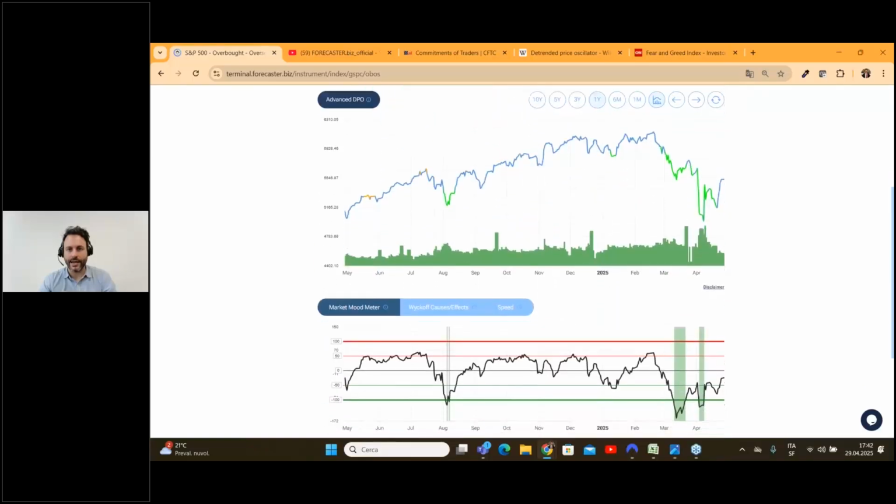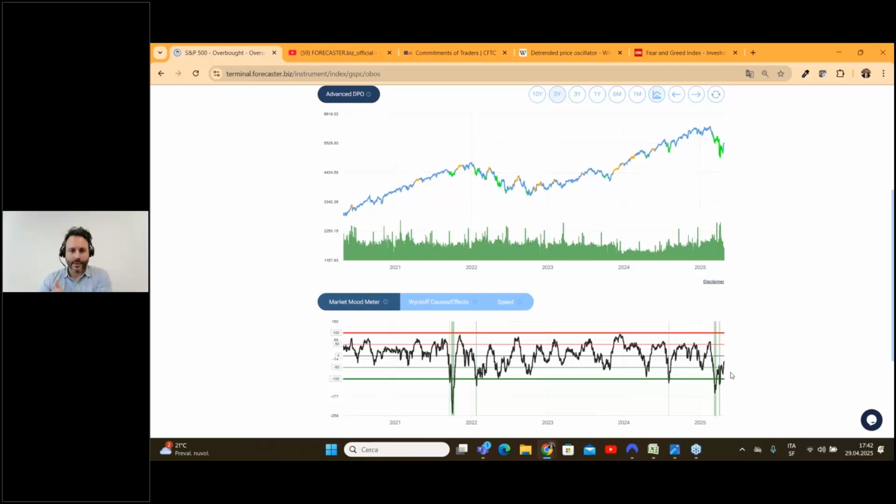And what is really nice, you can also find a historical chart for this data. And of course, what you can find is that it's very interesting when prices go in the lower part of the chart, because in general we can find lows on the S&P 500, but it works for all the other instruments.